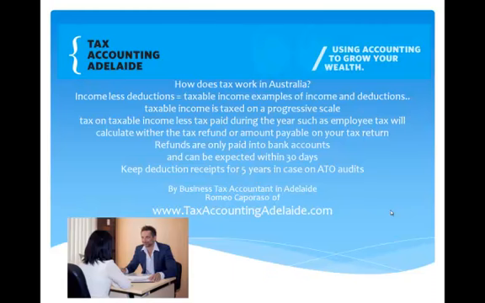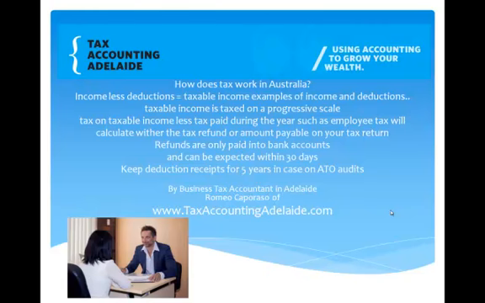Some allowable deductions are uniforms or protective equipment, and tools purchased for work. You may use your personal vehicle to travel on site to do work, or travel between branches or between two jobs, which is tax deductible. You may have union fees, or expenses incurred in upgrading your knowledge which relates to your work. These are all examples of deductions, and they come off your income to get what we call taxable income.